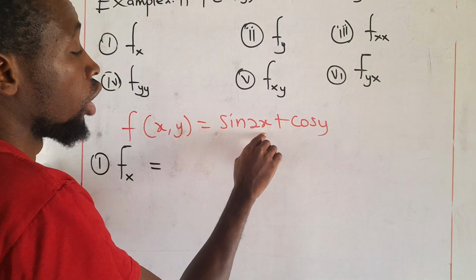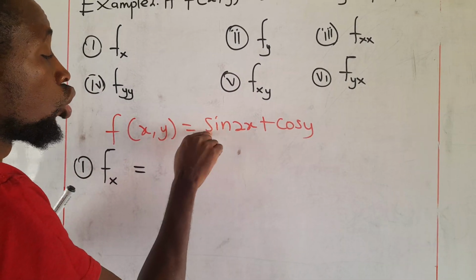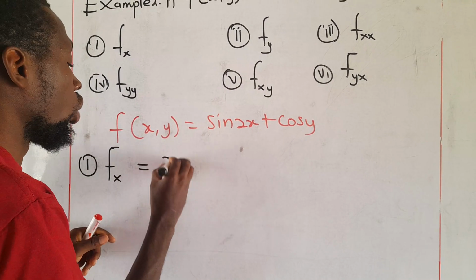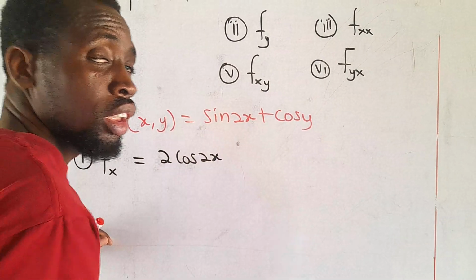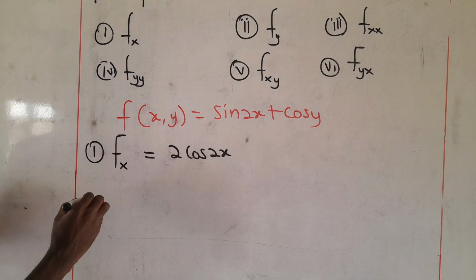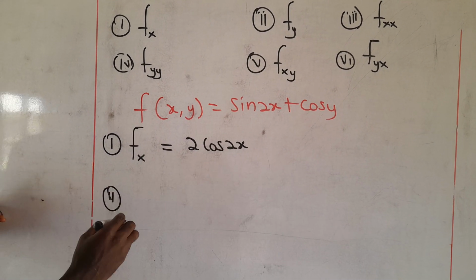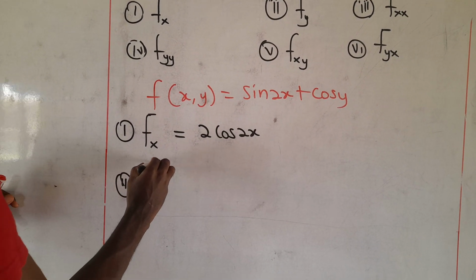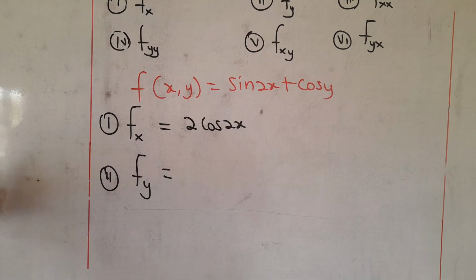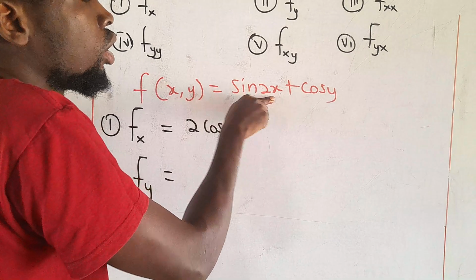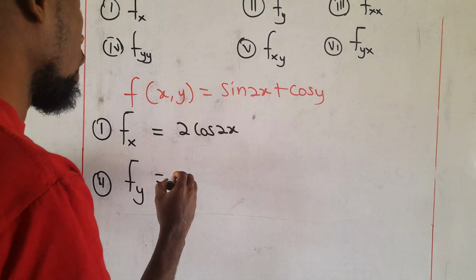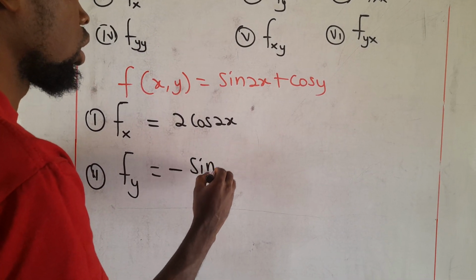When we differentiate this, we differentiate the inside and multiply by the differential of that. So we get 2 cos 2x. Since this is constant, it becomes 0. Then the second one, we perform partial differentiation of the function with respect to y. In that case, x will be held constant. So this will be constant. When we differentiate cos y, we get negative sine y.